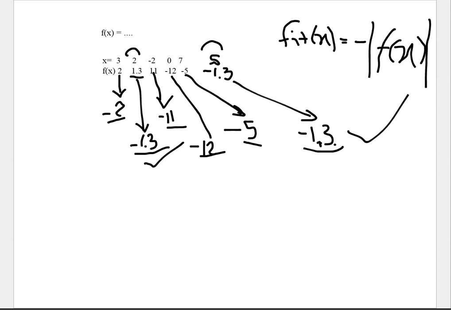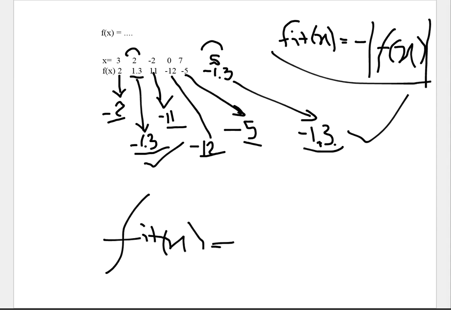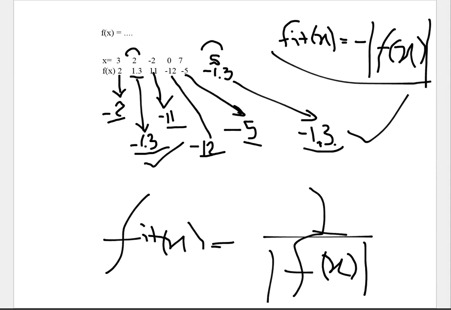Both of these fitness functions are okay. If it is an absolute value, to avoid division by 0, I add, for example, 1 to the absolute value. That is the fitness value of this problem.